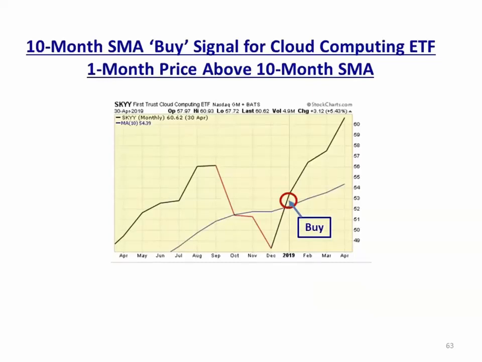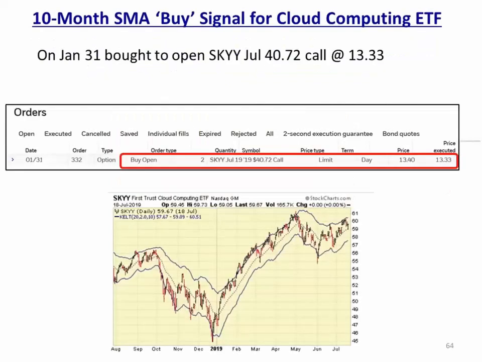Here's another example for the cloud computing ETF, symbol SKYY. The 1 month price crossed above the 10-month simple moving average on January 31st, and SKYY was on a buy signal at that point.